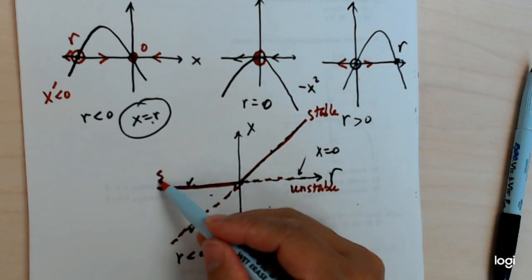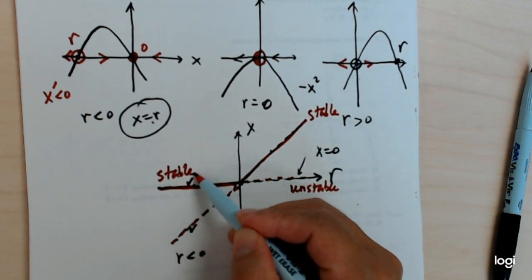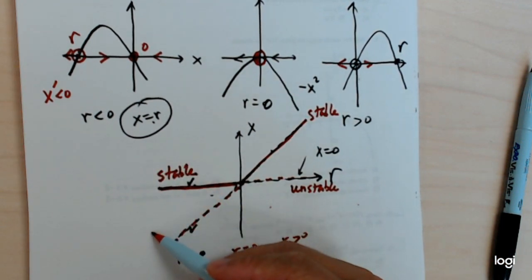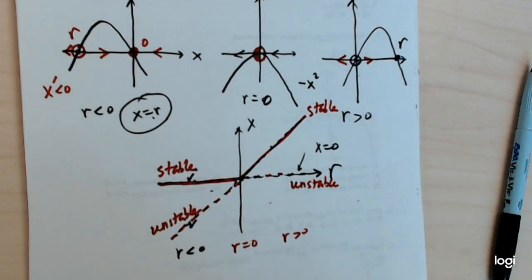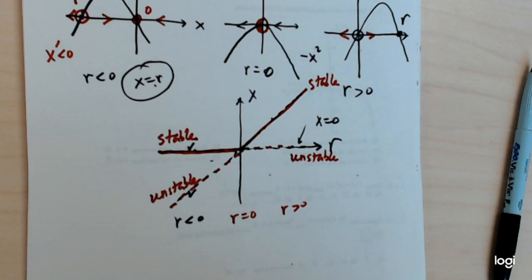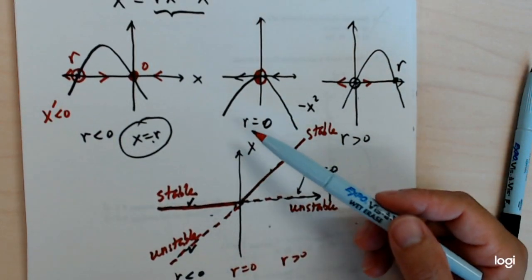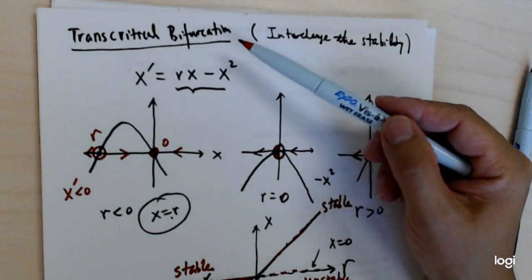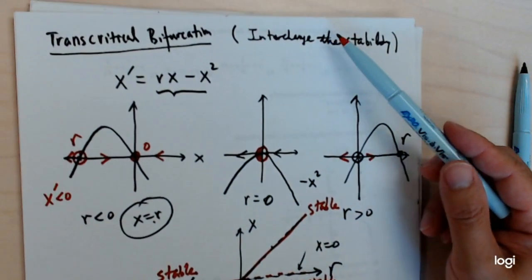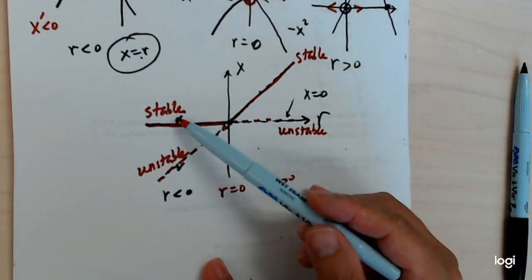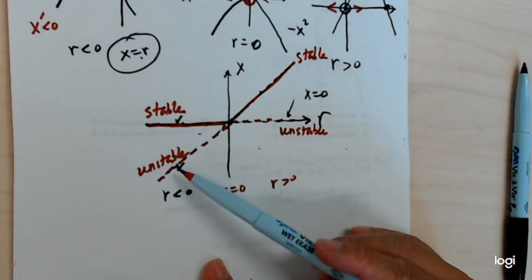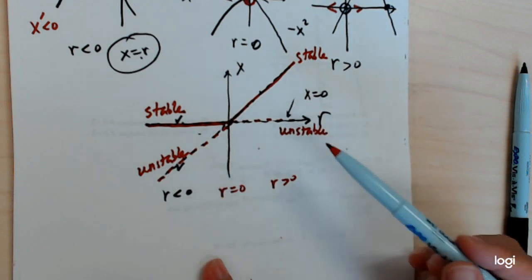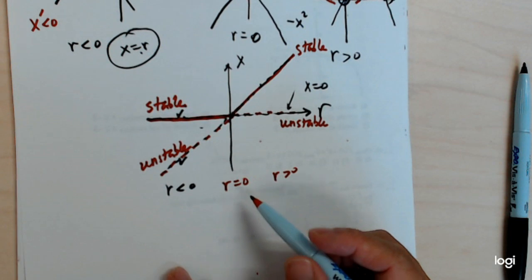On this side, 0 was stable, and this lower part was unstable. That's why we call this a transcritical bifurcation, because the stability has interchanged. 0 has gone from stable to unstable. x equal to r has gone from unstable to stable. All right, so this is the transcritical bifurcation diagram.